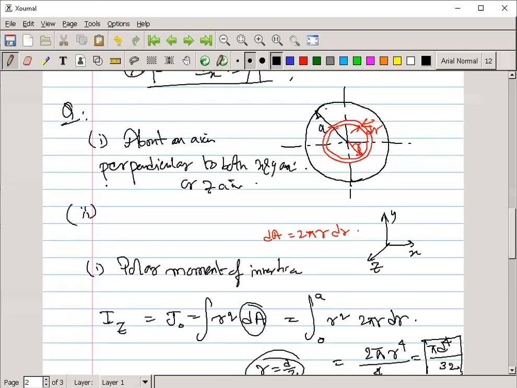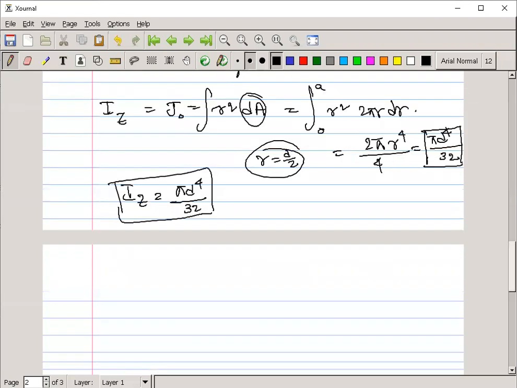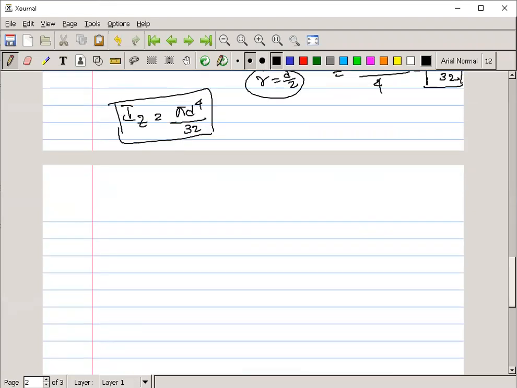Now, in the question, if it is written like that, about any diameter, that is the x and y. Suppose it is said like that. So what we have to do? We have to simply put our theoretical concept, that is, along any axis.